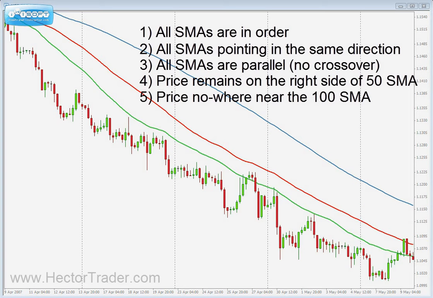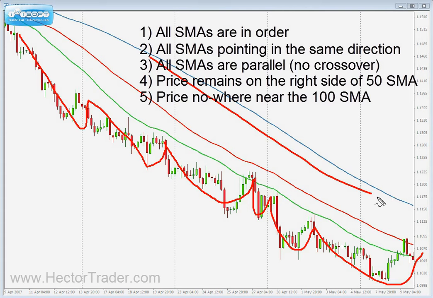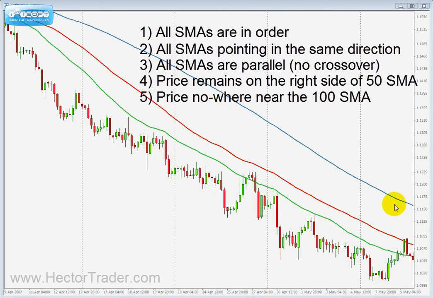Well, in this trend, as I was just showing you, we go through swing, pullback, swing, pullback, swing, pullback, and so on. In most trends, for price to touch the 100, usually what we see is quite a large pullback.